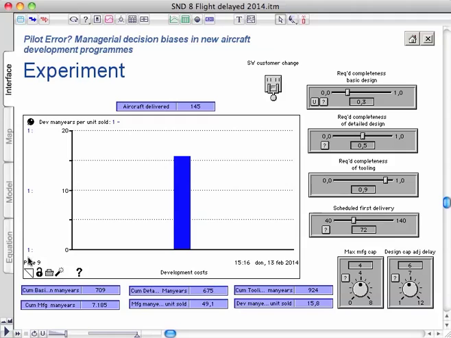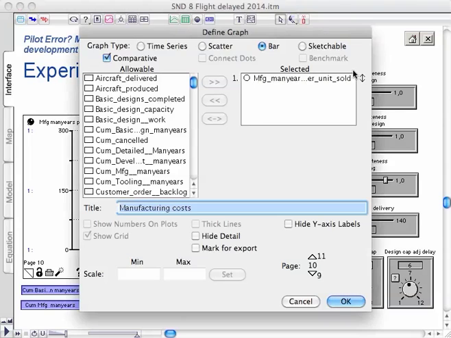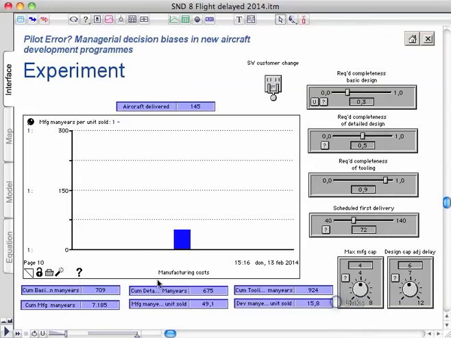Yeah, 20 man years per unit development, and in manufacturing we can make this less also. Let's make this something like 80. These scales are adjusted, and with these bar graphs, because they have a very high value during the simulation, they're not adjusted to what they are in the end. Okay, so this is the first case that we have up here.